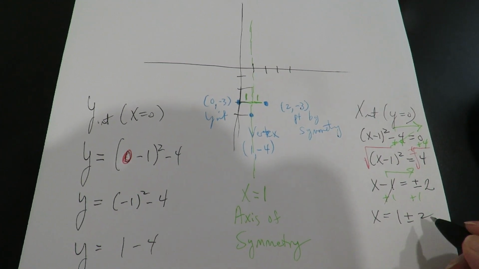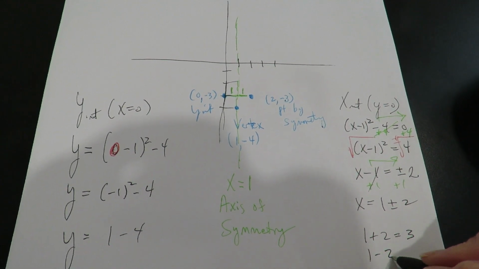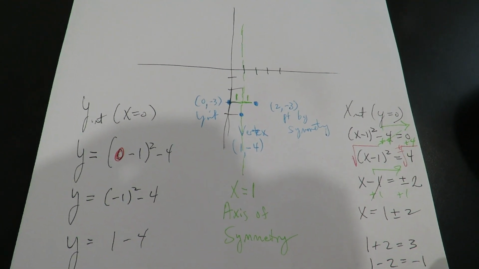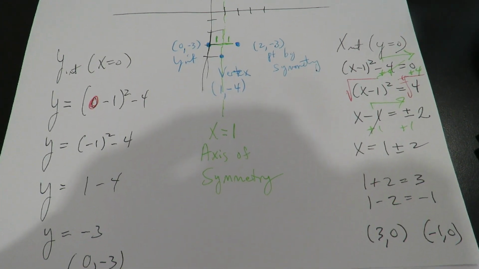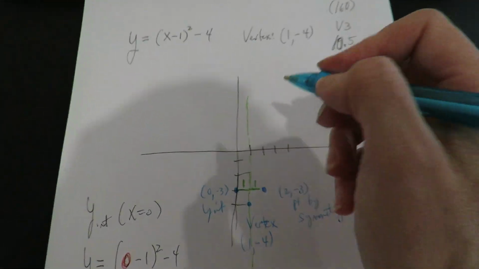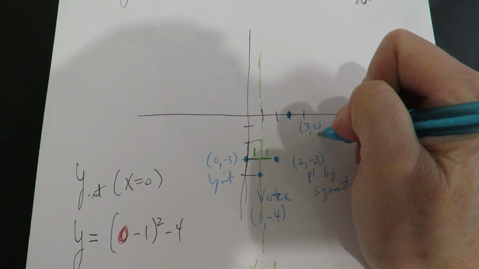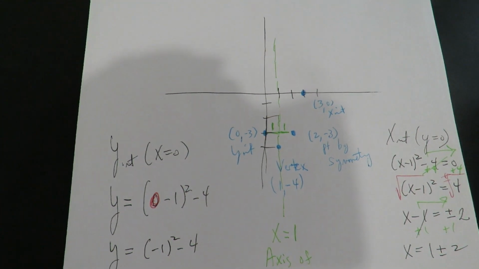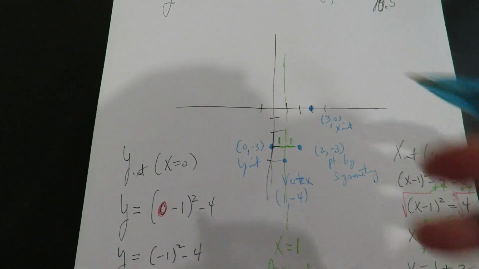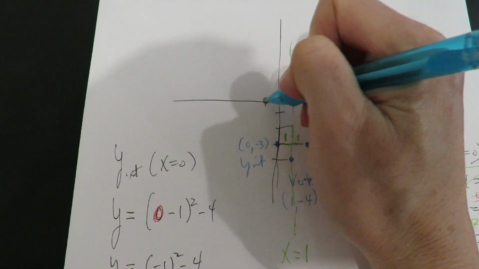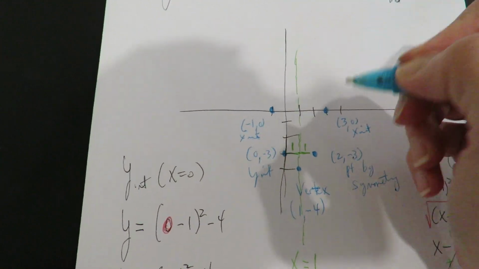Alright, so we have 2 answers here. We have 1 plus 2, which is 3, and we have 1 minus 2, which is -1. So one of the x-intercepts is 3, and the other x-intercept is -1.